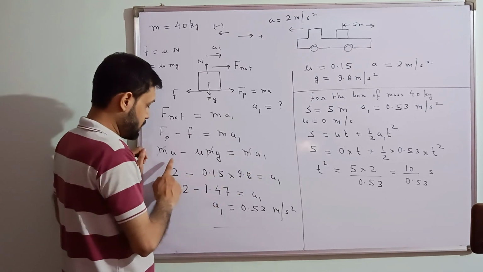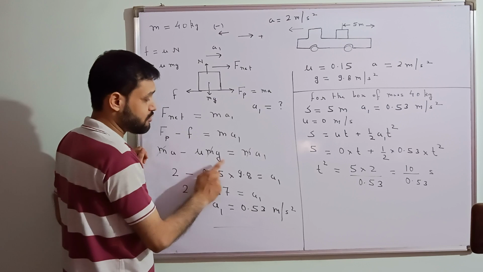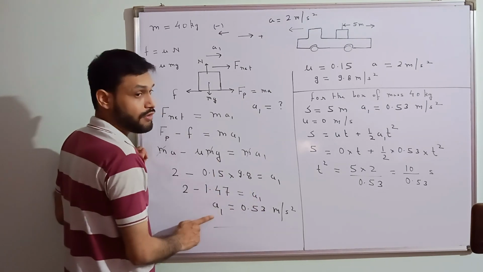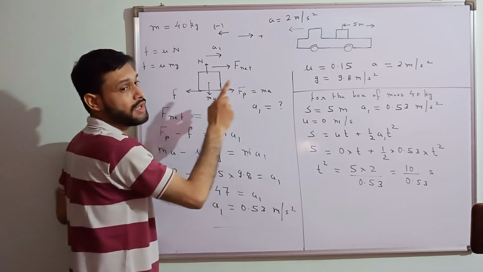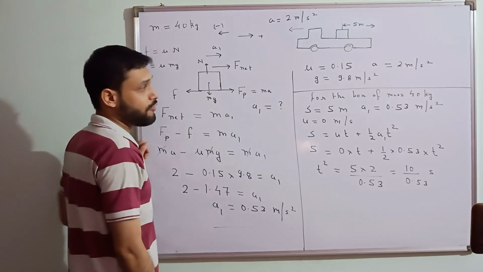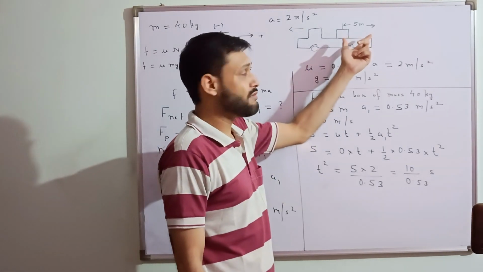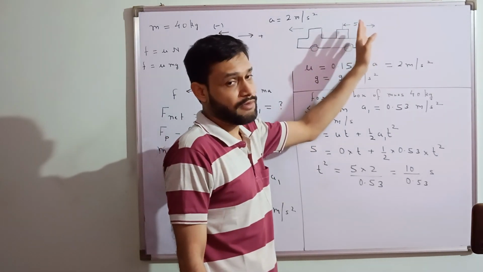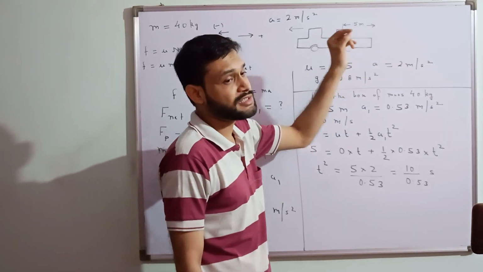Acceleration is 2 minus 0.15, the coefficient of friction, into 9.8. You are getting a1 over here. This is the acceleration with which the block is moving in the backward direction. So for the block of mass 40 kg, what is the distance it will move? If it moves a distance of 5 meter, then it is going to fall, because only 5 meter distance is there.